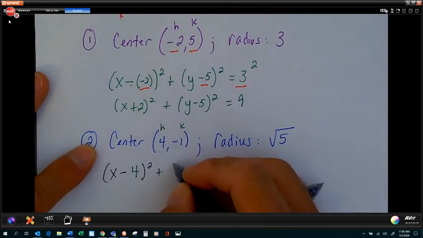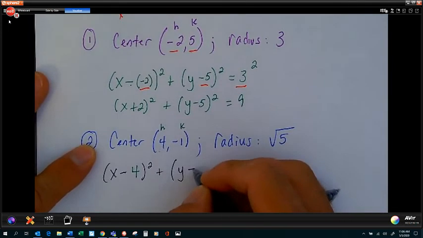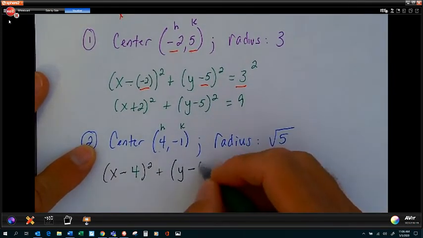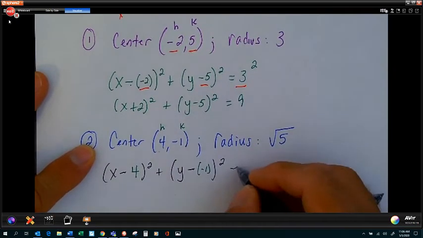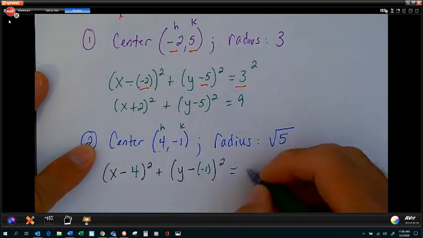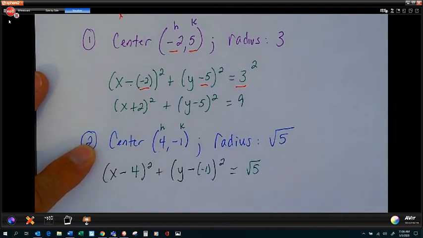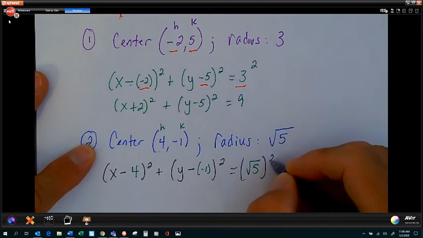Squared, plus y minus, now here I've got to plug in a -1, equals, and again plug in my radical 5 here for the radius, and then squaring that.